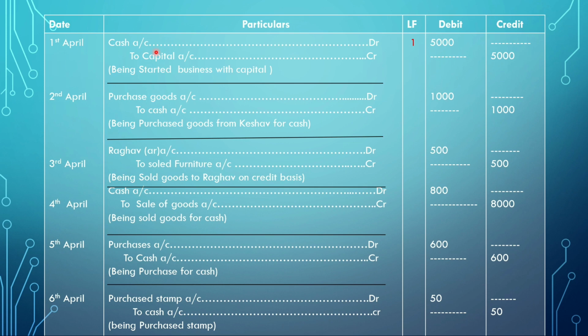The cash is coming into the business. Why is the cash coming in? Because some person was investing his money into the business. The first time, the person was contributing his capital. So here, cash account debit, to capital account credit.